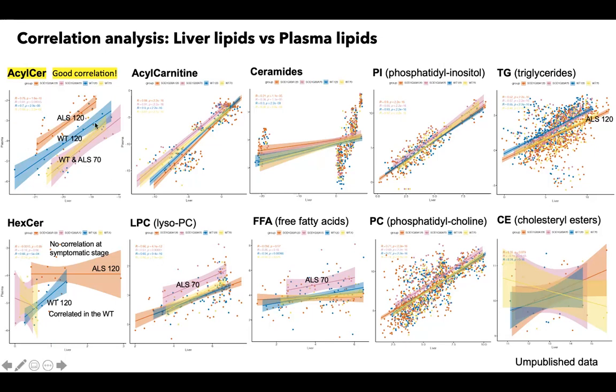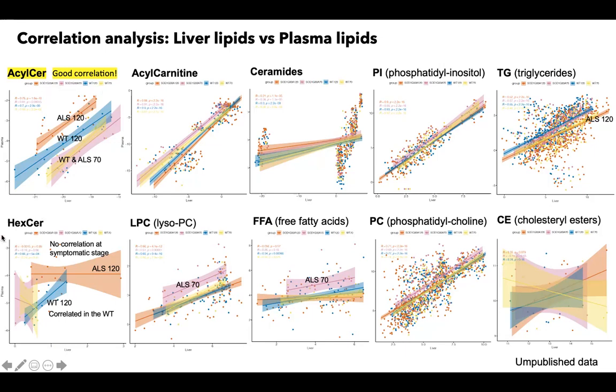And also a difference in the levels of these species in the symptomatic animals. We can see that in ALS animals, the acylceramides are consistently higher than in wild type animals. There are different species of acylceramide that are consistently different.